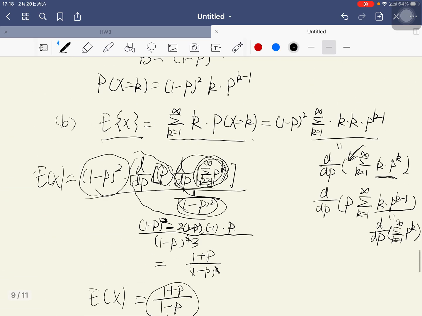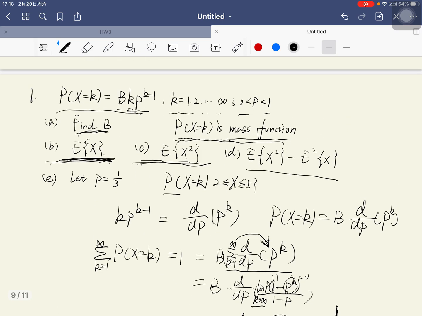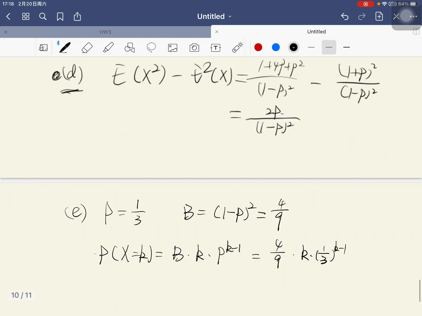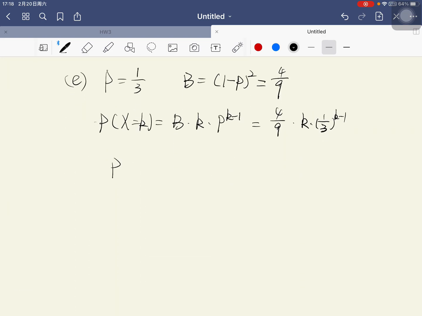And we want to compute the probability of this.